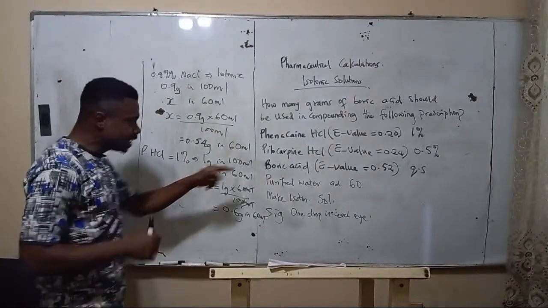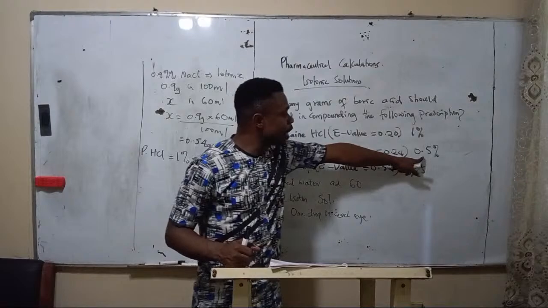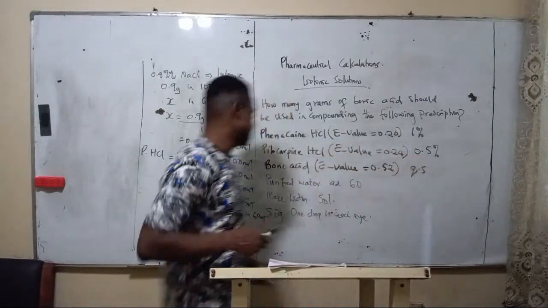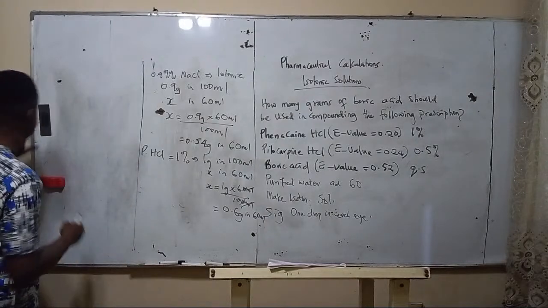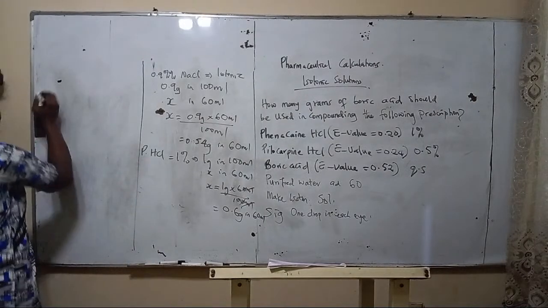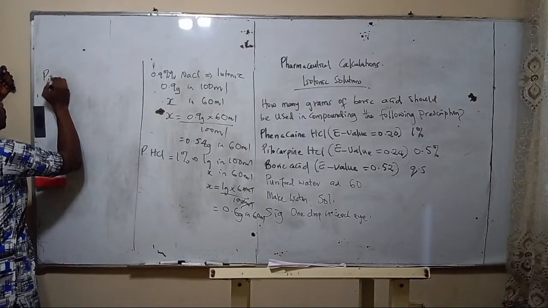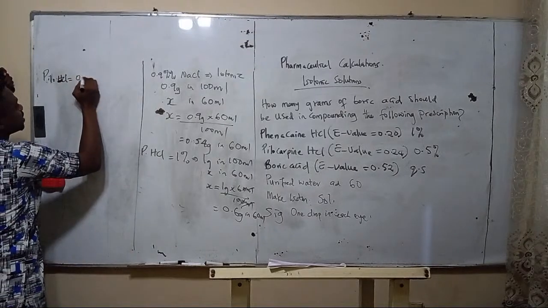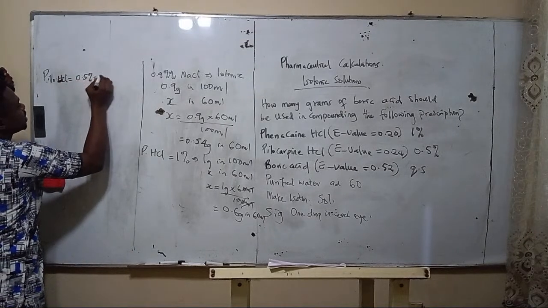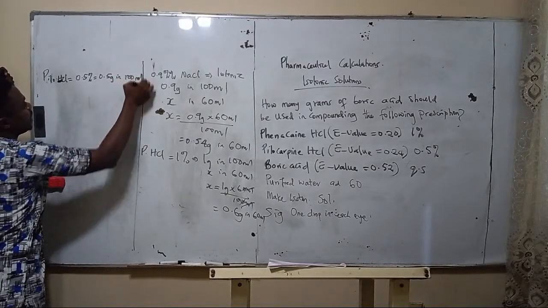So let's find pilocarpine too. Inside this 60 ml, the pilocarpine is 0.5%. 0.5% means 0.5 gram in 100 ml.